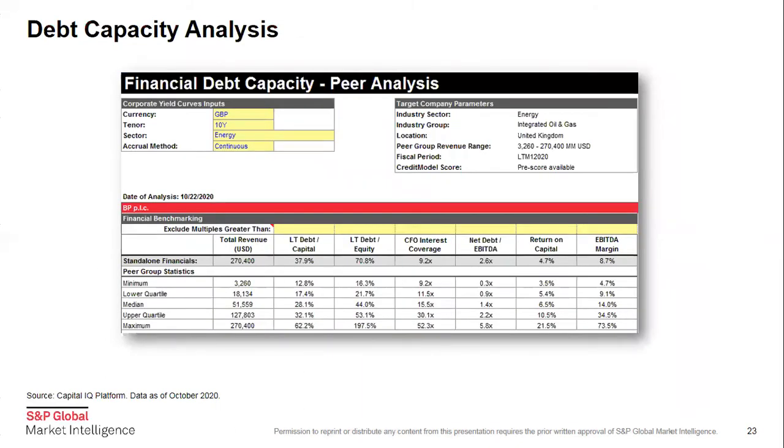Now let's talk about debt capacity analysis. Many times we are going to run into features, whether it be thin capitalization or other components, to determine that our subsidiary is appropriately capitalized in accordance with the arm's length principle.